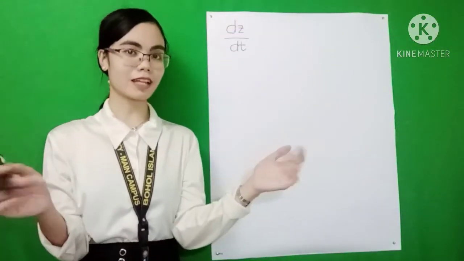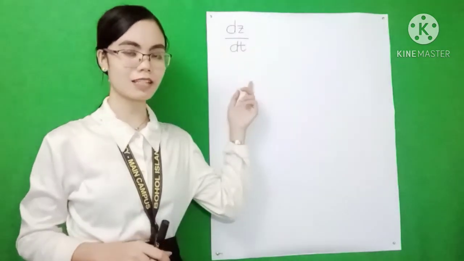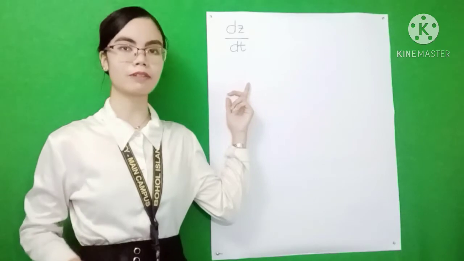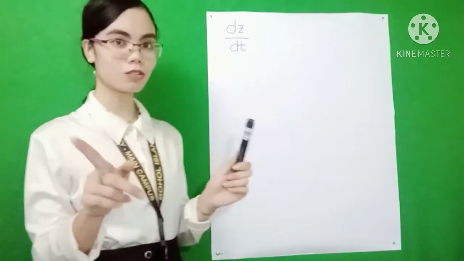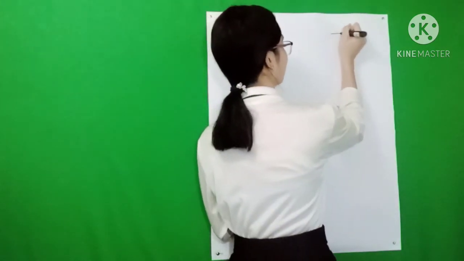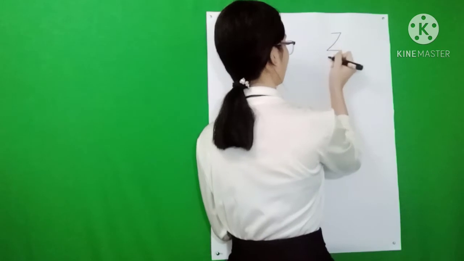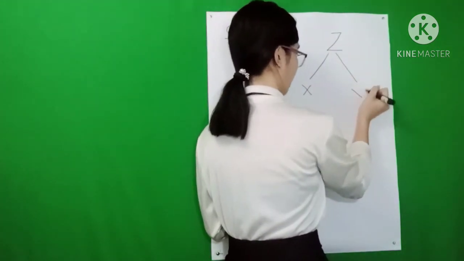To further understand, we're going to use a tree diagram to find dz over dt, or the derivative of z with respect to t. So here, we're going to draw a tree diagram. This is z as a function of x and y.